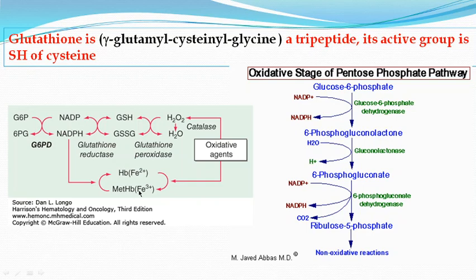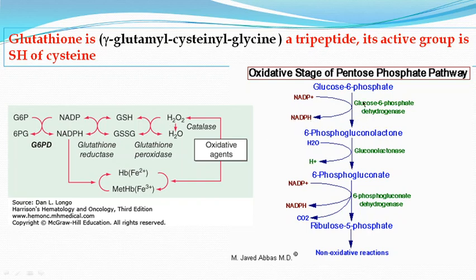Such a condition we call methemoglobin. Who converts methemoglobin back to normal hemoglobin? It is the reduced coenzyme 2. So the oxidative stage of the pentose phosphate pathway is very essential to supply the red blood cells with reduced coenzyme 2.